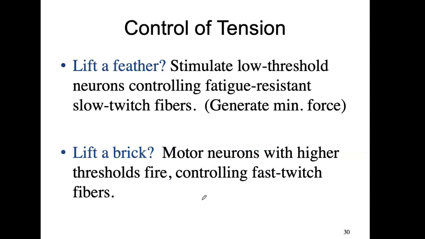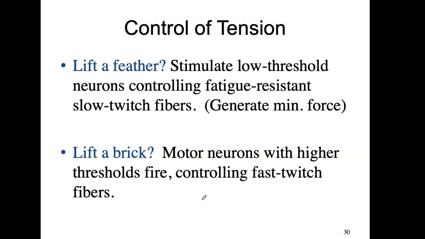So to summarize, if you lift a feather, you're going to stimulate these low threshold neurons, controlling fatigue-resistant slow twitch fibers. What's that mean? Think of slow twitch fibers as postural muscles, the ones that allow you to stand up for long periods of time without just falling because you were so tired, right?